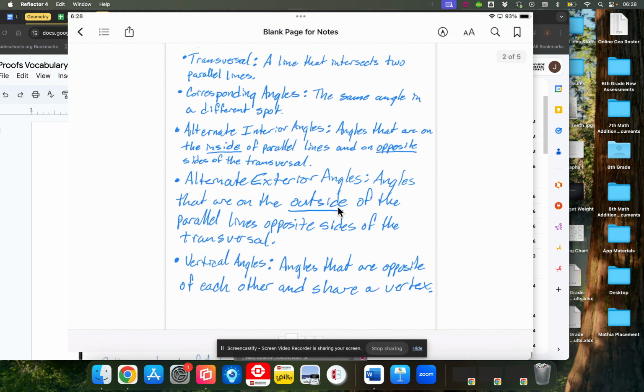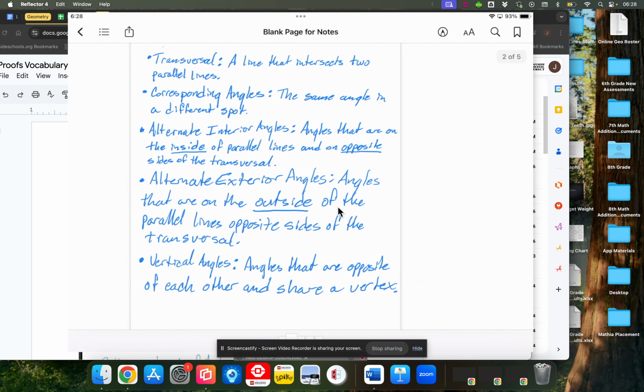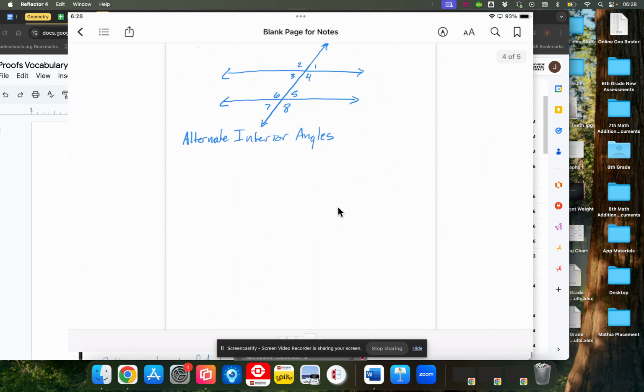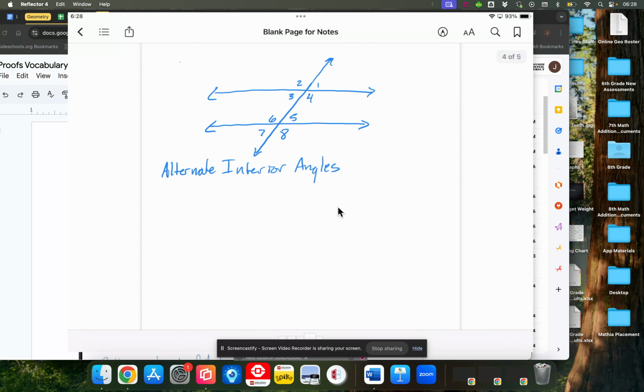So we're looking for angles that are inside parallel lines, that's interior, and opposite sides of the transversal, that is alternate. So we can think about alternate interior angles as opposite angles on the inside. This time there are only going to be 4 alternate interior angles because there are only 4 angles on the inside of this figure.